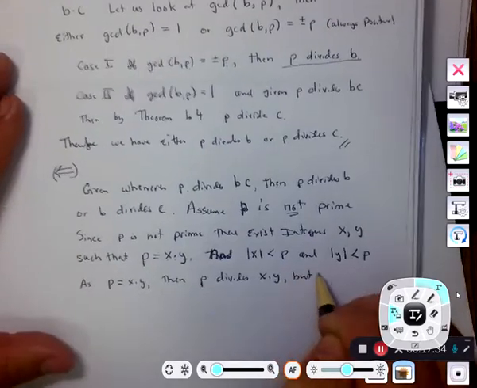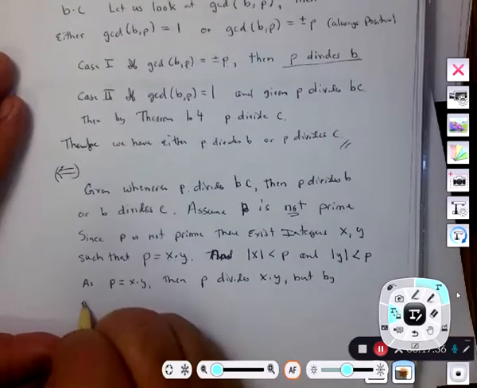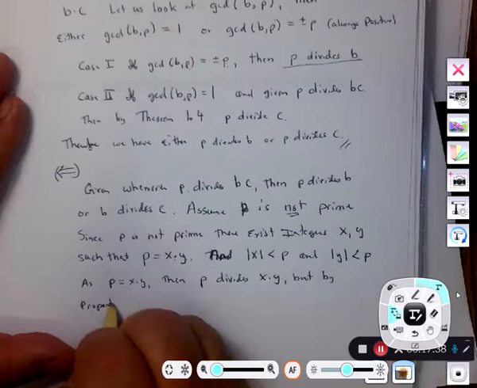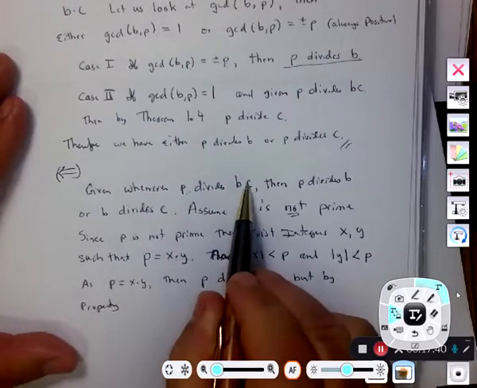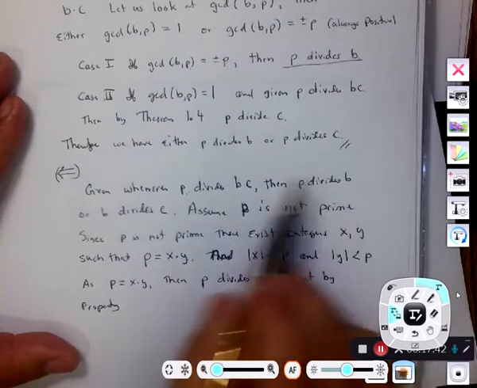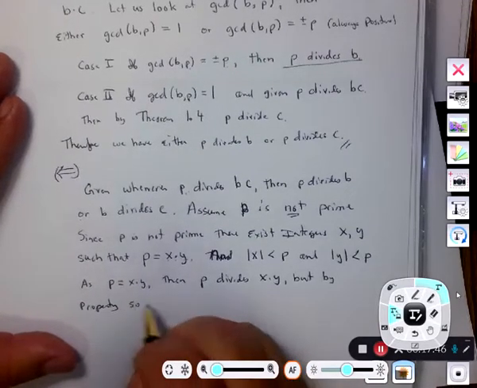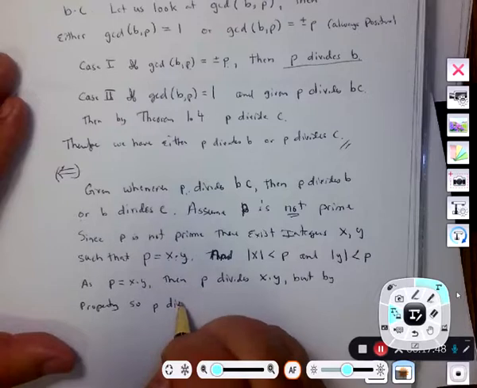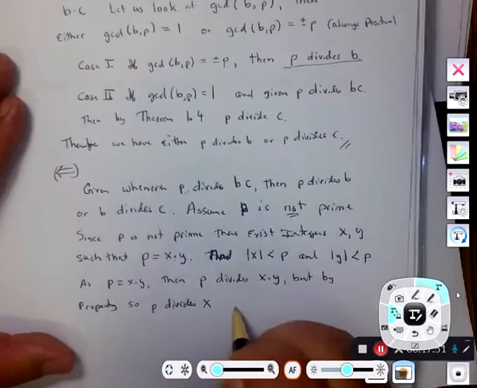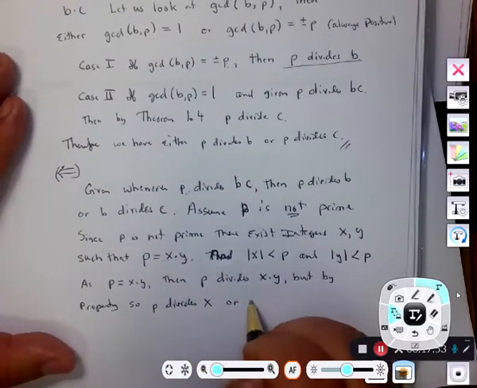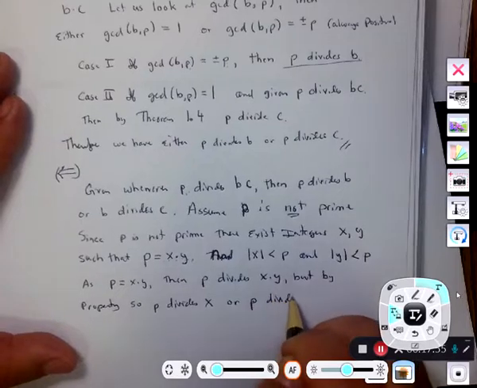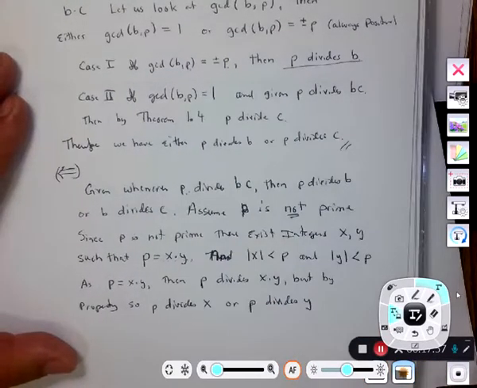But by property, whenever P divides a product, it either divides the first guy or the second guy. So P divides x, or P divides y.